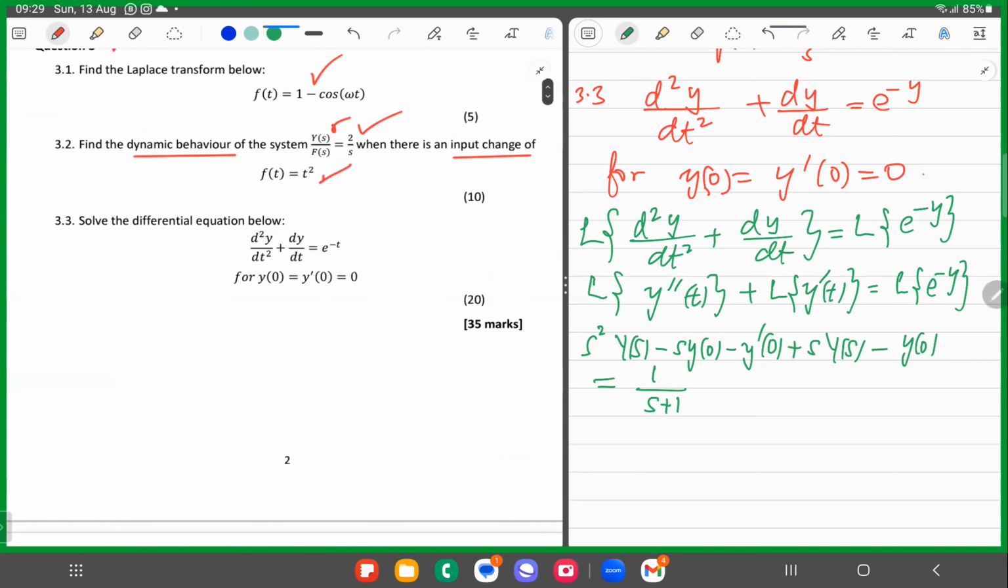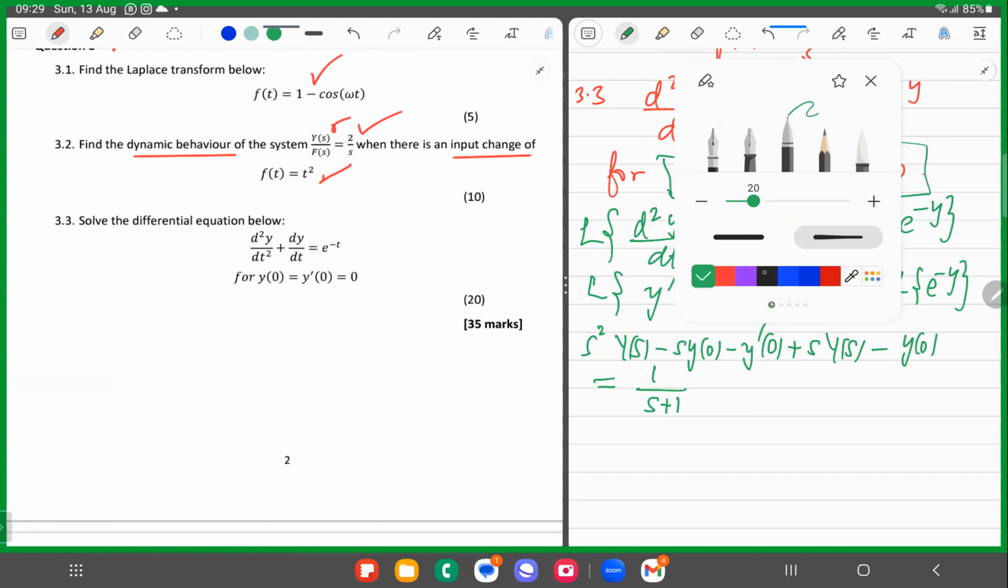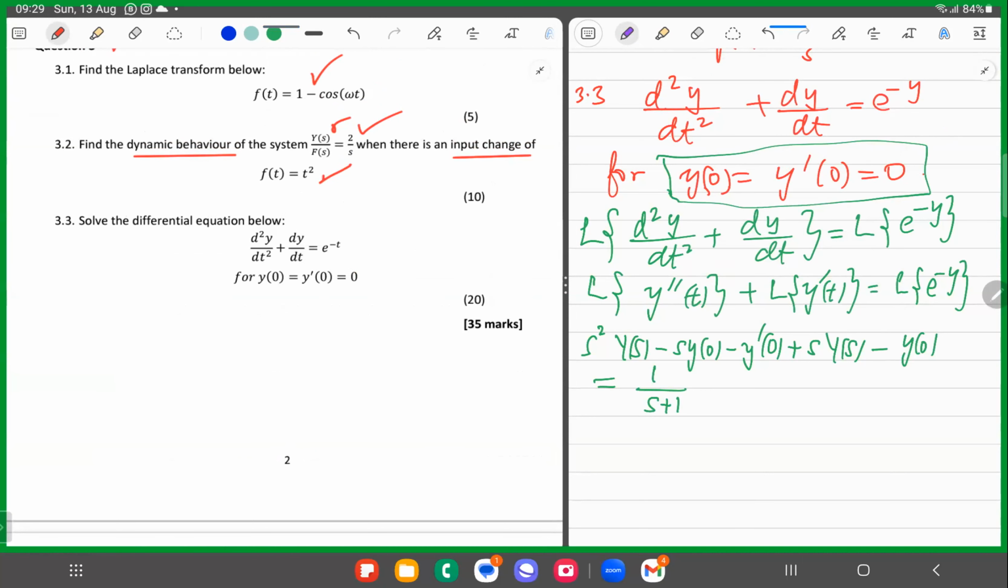Okay, these are equal to each other. These are equal to each other. And they're both 0. y of 0 and y prime of 0 equal 0. So which means s squared y of s minus s times 0, minus 0, plus s y of s minus 0 is equal to 1 over s plus 1.